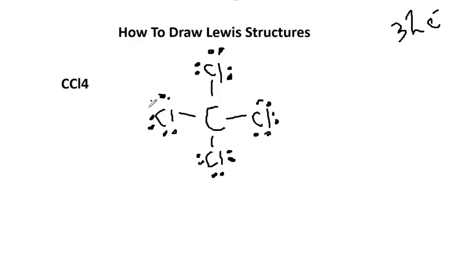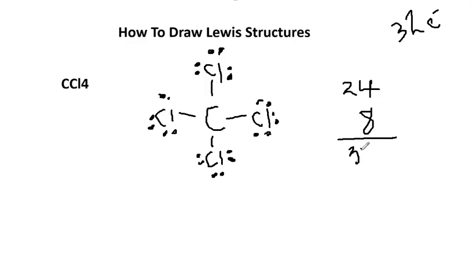So, in counting all the electrons surrounding each chlorine atom, it would be 6 times 4, which would be 24. So we're going to put 24 over here, as well as the bonding pairs of electrons. So 2, 4, 6, 8, which is 8. And we're going to add these up. When we do that, we get 32 electrons.